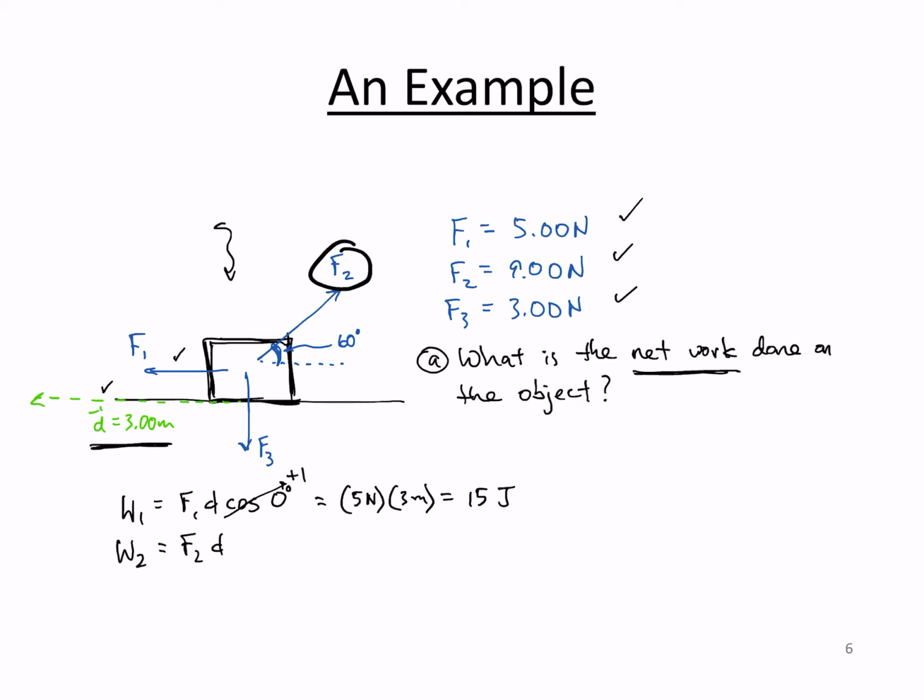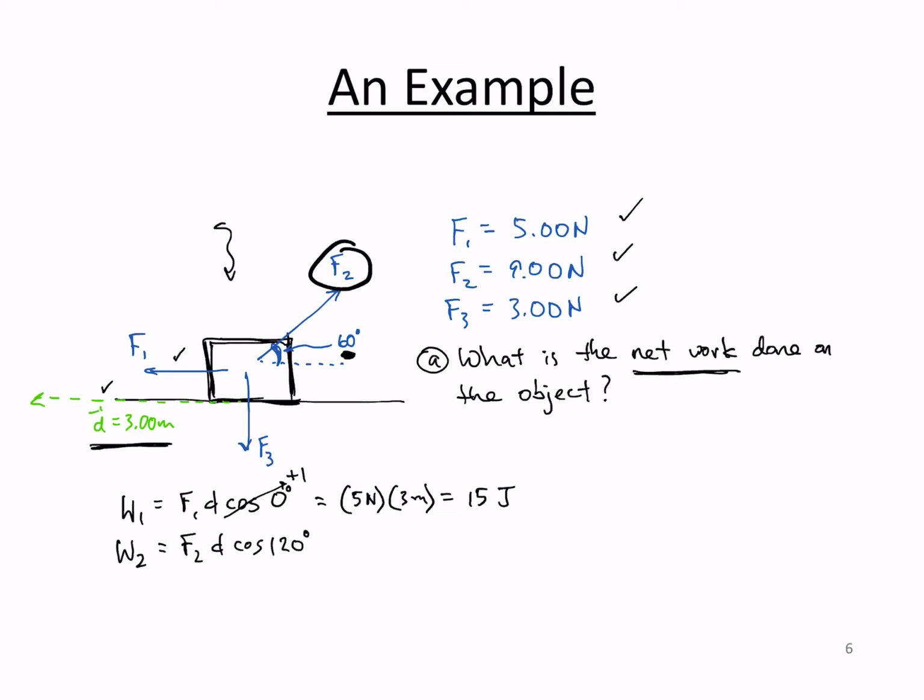We're going through the same displacement, so that's well known. And it's 60 degrees between the horizontal axis and where this is pointed, but we want to measure the angle between F and d, and so we're going to get cosine of 120 degrees.